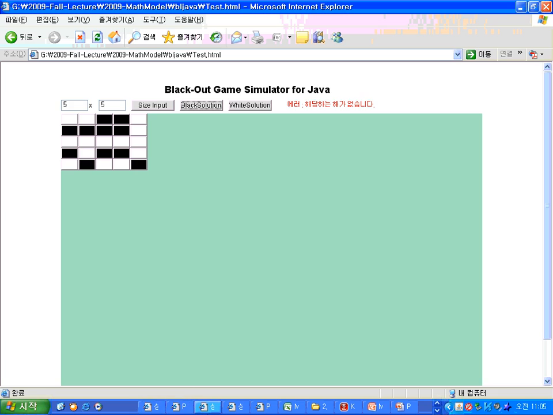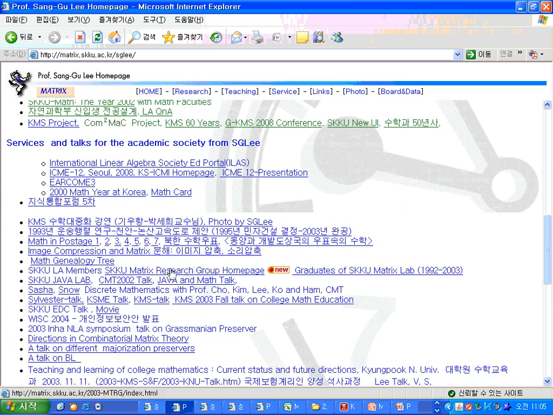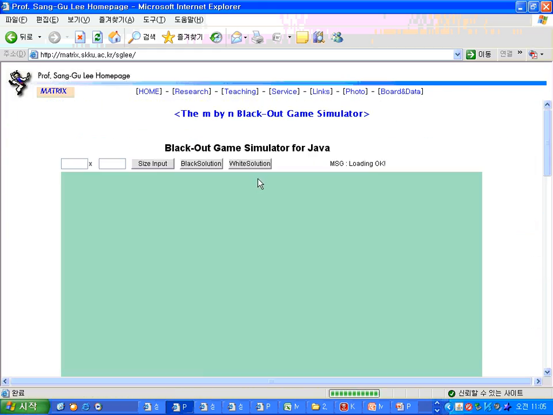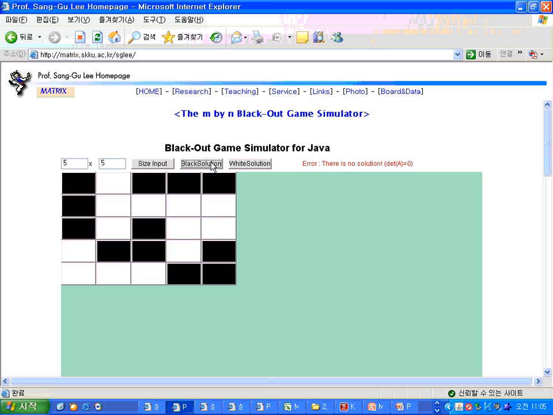Then I will try mine. Here, this is the one that we have. Here for 3x3, you see, we can always find the solution to complete it. But if we use the same algorithm for 5x5, then it shows there's no solution.